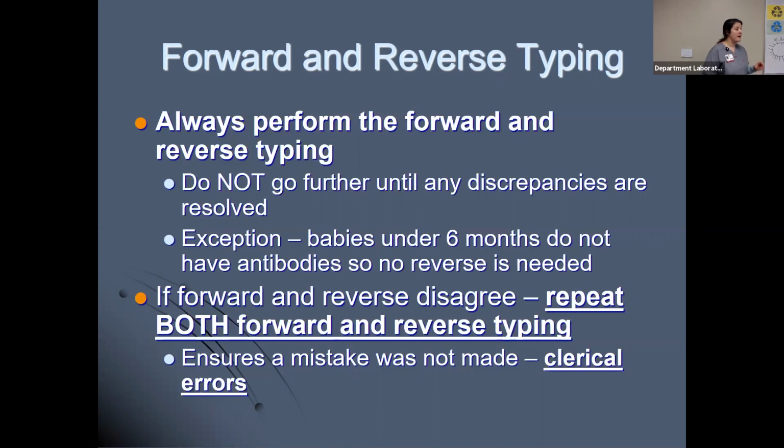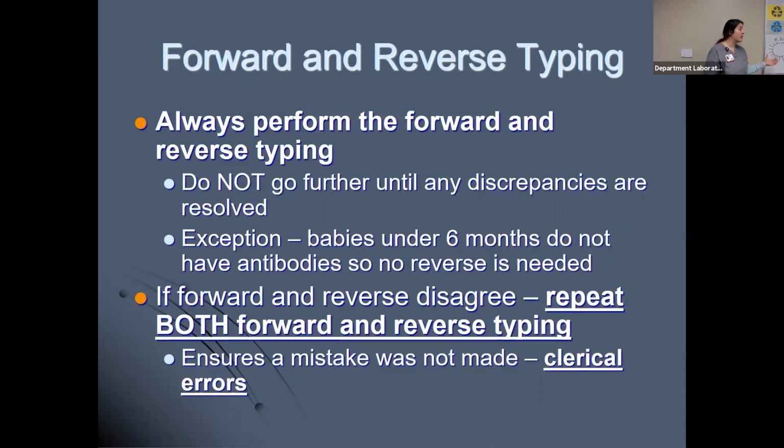If you were to give them a normal A1 unit, that patient's anti-A1 is going to attack the donor cells. You're going to cause a transfusion reaction for that recipient. Okay, it's very important if you have a discrepancy to stop right there and resolve the issue. Okay? If you're ever in an emergent situation, patient's in the OR, bleeding out on the table, physician is yelling for blood, what are you going to do?